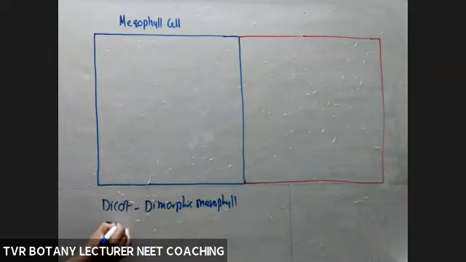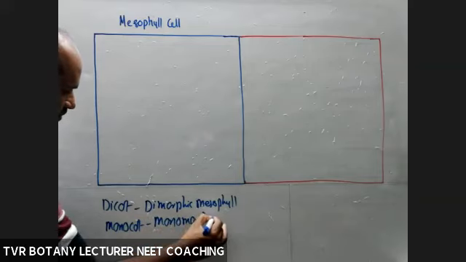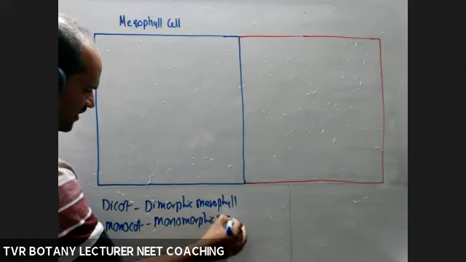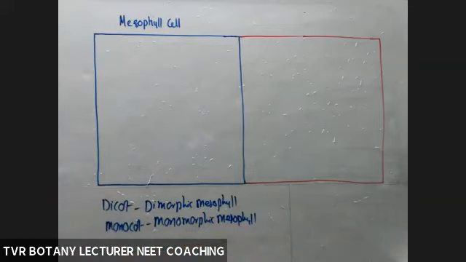If it is monocot, generally monomorphic mesophyll. Dimorphic means with a palisade parenchyma and spongy parenchyma.